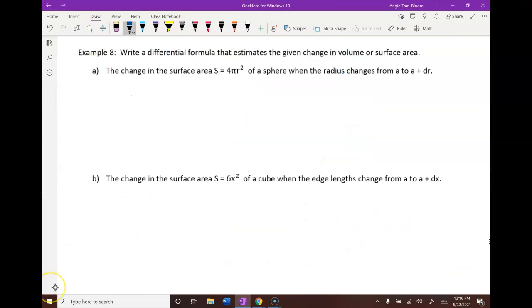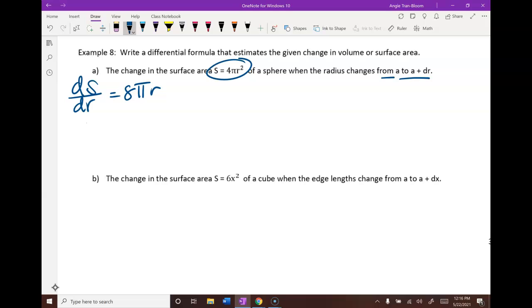All right, guys, example 8 says, write a differential formula that estimates the given change in volume or the change in surface area. A, the change in surface area, so that's what we're trying to find. S equals 4 pi r squared of a sphere when the radius goes from A to A plus dr. So immediately, students, we can take the derivative, dS with respect to dr equals 8 pi r, okay?